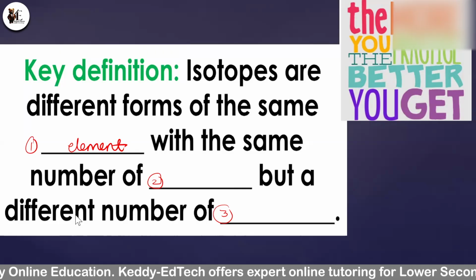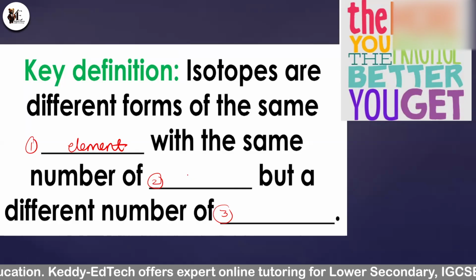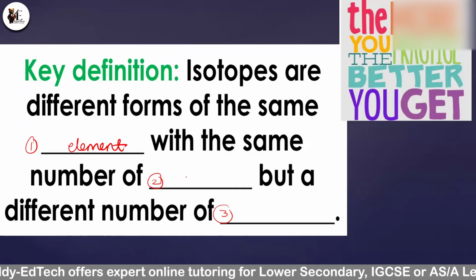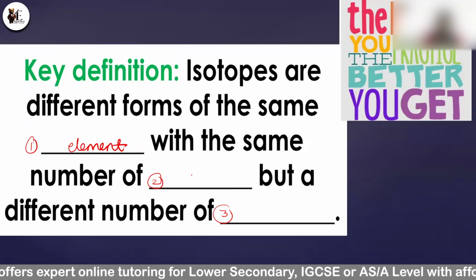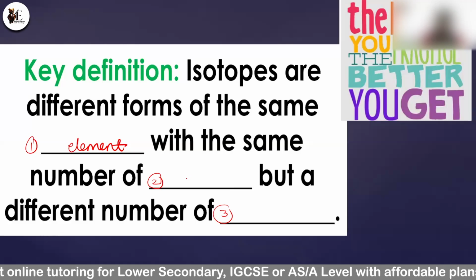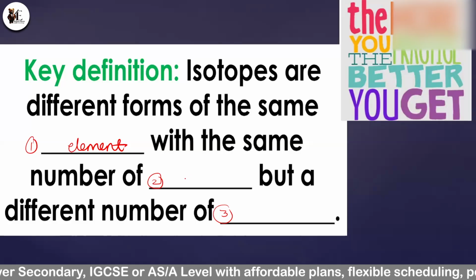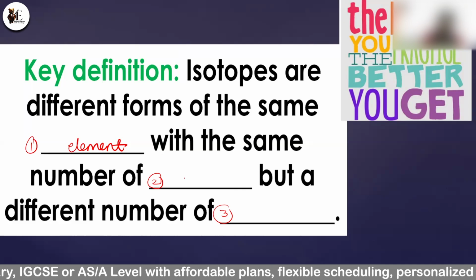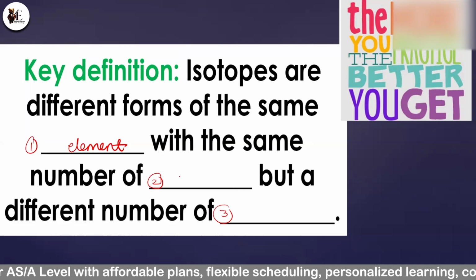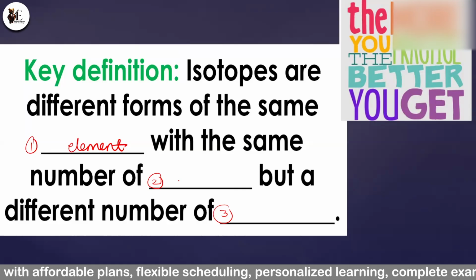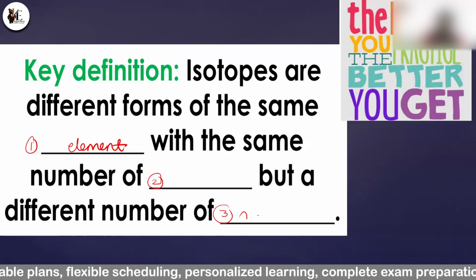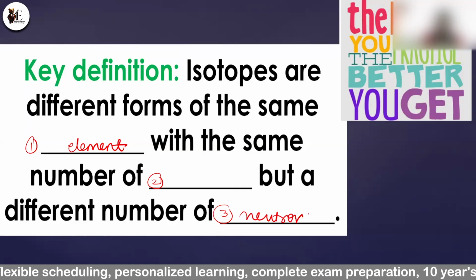Okay, no worries. Read the definition again. With the same number of neutrons. Neutrons are same in isotopes. Are you sure? No, sorry. They're different. So a different number of neutrons. In the third blank, neutrons should come.